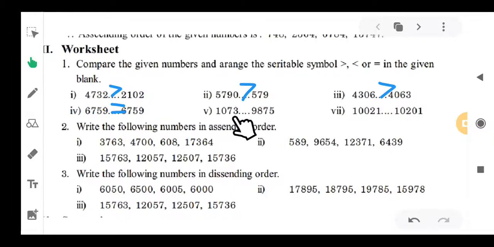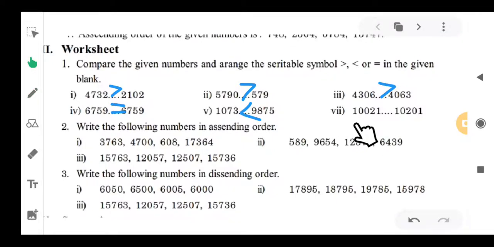This also has 4 digits, this also has 4 digits. So you have to compare from the left side. In the thousands place, this has 1 and here there is 9. So naturally 9 is bigger than 1. So this is the bigger number. So here we have to put the open side toward this side. So this is the less than symbol.